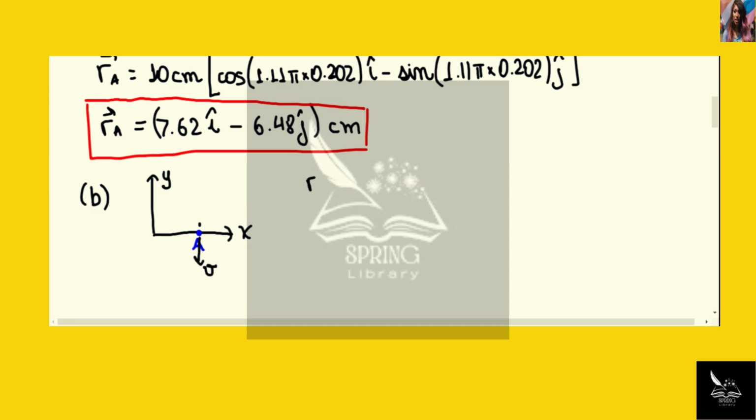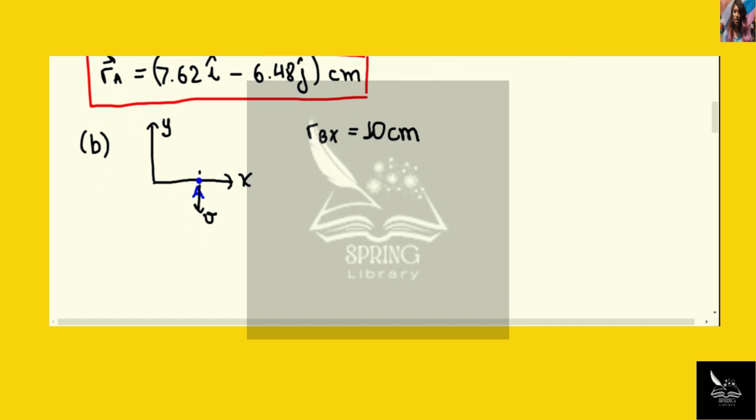So the x component of R B, which I'm going to call R Bx, you already know, that must be 10 centimeters. And now we can calculate the y component of the flea when it lands. Notice that the speed of the turntable at point A is equal to 2 pi f times r.